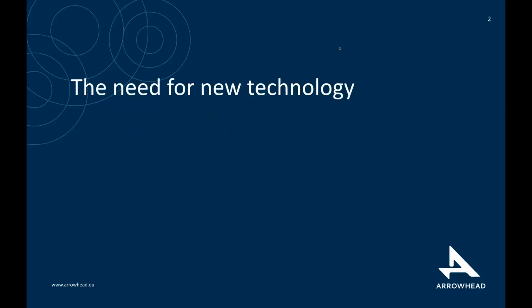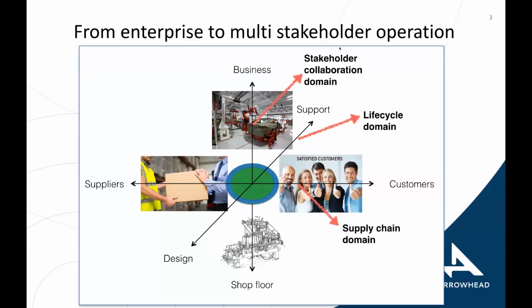So first of all, it's pretty clear that there is a need for new technology with all this digitization, Industry 4.0 and so on. And this is very much connected to these enterprise situations, which tend to be multi-stakeholder operations.